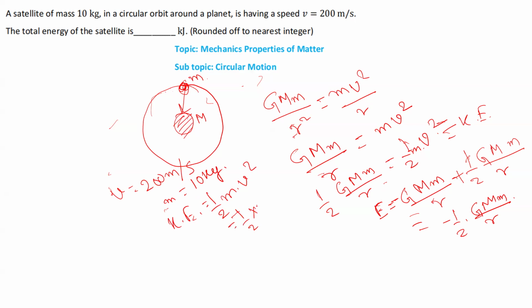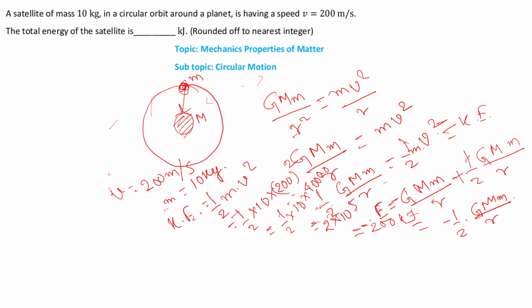So it is half into mass 10 into 200 square, which is half into 10 into 4 into 10 to the power 4, so it will be 2 into 10 to the power 5, or basically we can write 200 kilojoules.